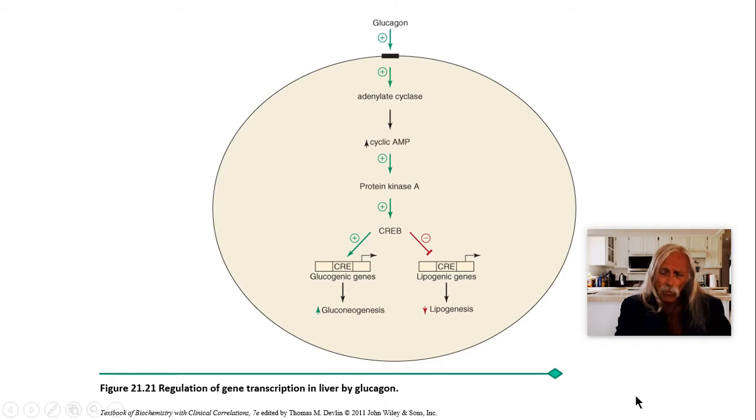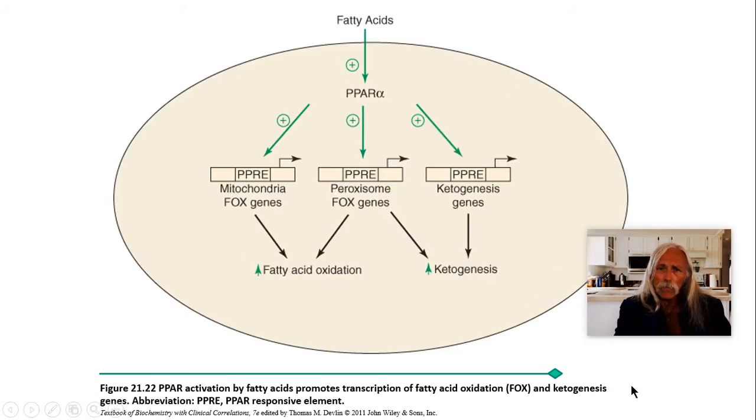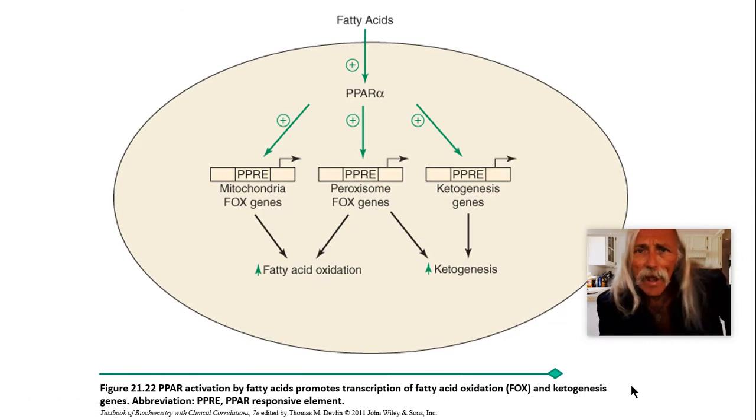So that's the way that works. Again, it's a fundamental intermediary metabolism bioenergetic pathway by looking at transcription linked to hormone. Right. Fatty acids, on the other hand, are going to turn on the peroxisome proliferator activator receptor, alpha, in this instance showing it.